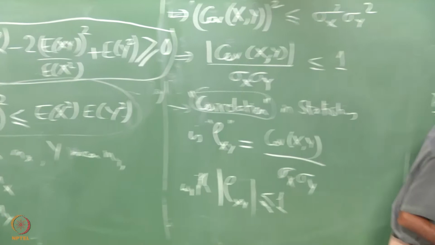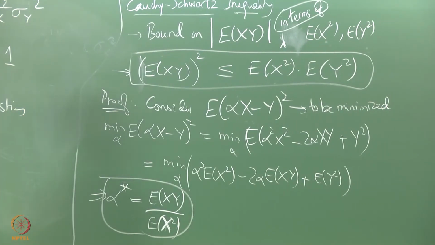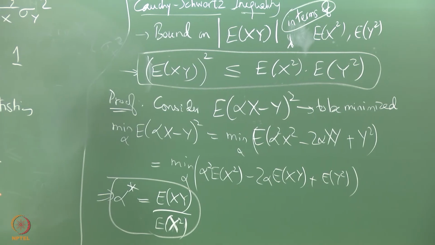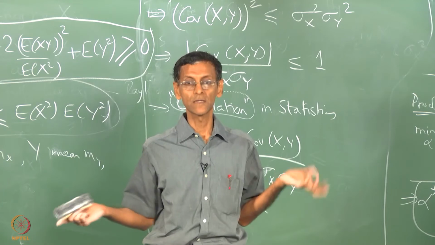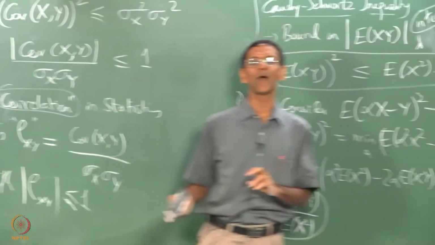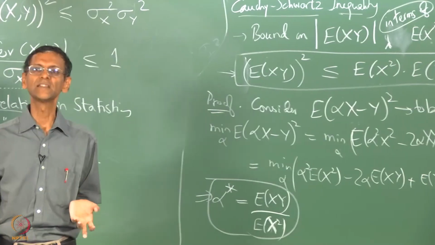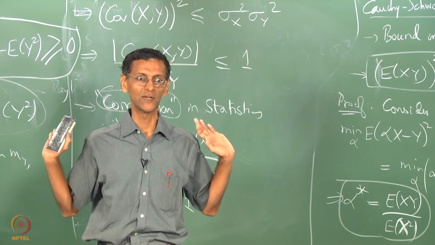So supposing this is 0, that means in fact you are perfectly able to estimate y as a simple linear function of x. The error is 0. Remember, if the E of some z squared is 0, that means z had better be 0 with virtual certainty.